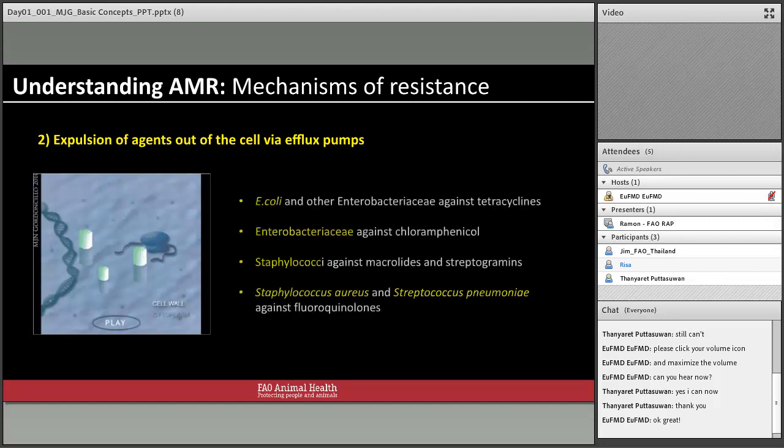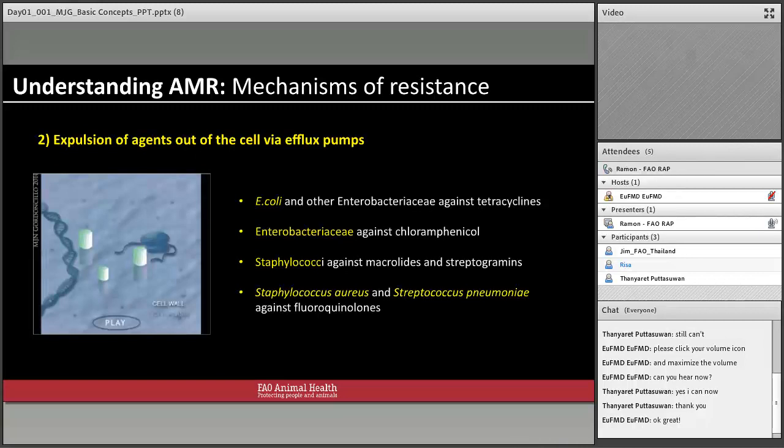Some examples of this resistance are E. coli and other Enterobacteriaceae against tetracycline. So their resistance is found through efflux pumps. Enterobacteriaceae against chloramphenicol is also one mechanism, and Staphylococci against macrolides and streptogramins, and Staph and Strep pneumoniae against fluoroquinolones.